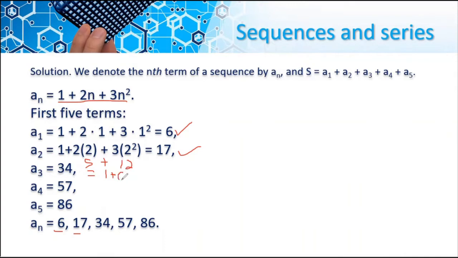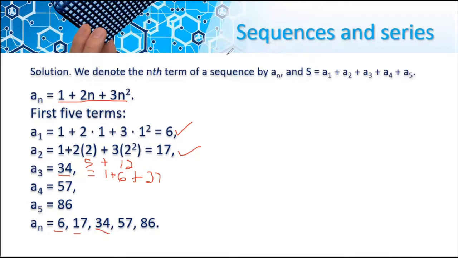So, we have 6 plus 3 times 3 squared. 3 squared is 9 times 3, 27. 27 ba? 27. Okay. So, 1 plus 6 plus 27, 34. Ayan. Okay. So, ang third term natin ay 34.